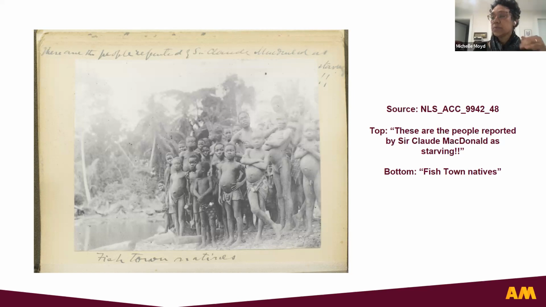And so as I was preparing for today, I started to look at some other materials, trying to find things that I hadn't looked at before. And I came across this photo album in the National Library of Scotland materials, which is a photo album put together by John Kirk, the same person who wrote this report.